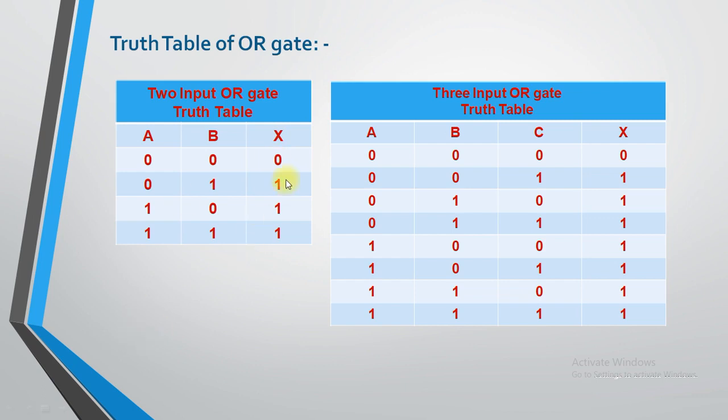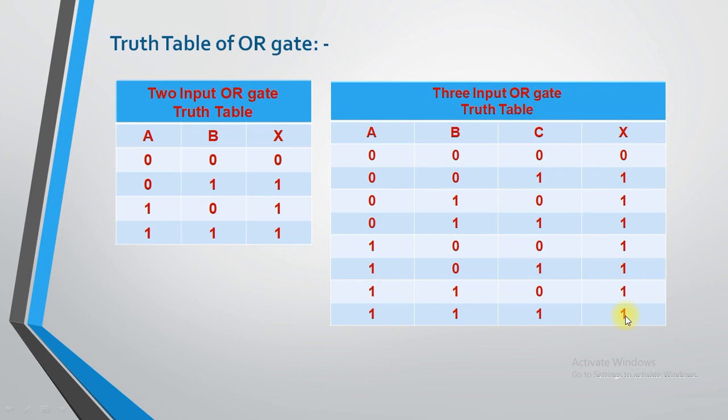In the remaining cases, it is 1 or high. Similarly, in the 3 input OR gate, the value of x is 0 only if a equals 0, b equals 0, and c equals 0. In the rest of the cases, the value of x is 1.